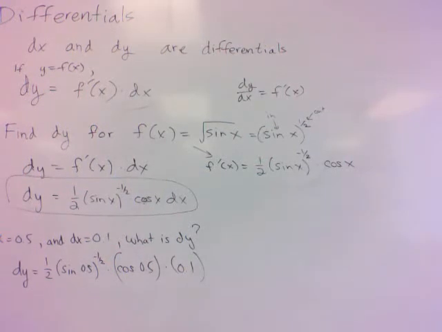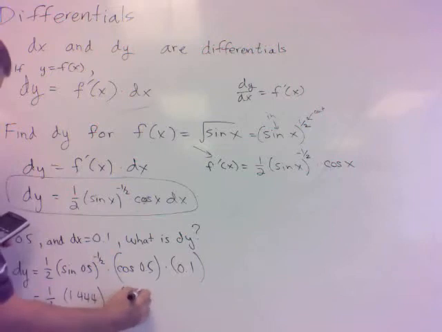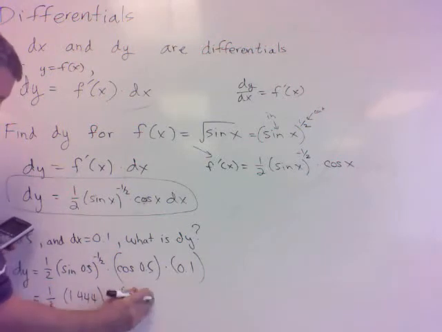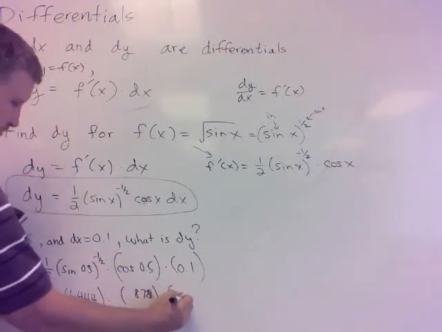Let's see. This will be 1/2. Well, that's a fun one. All right, so sine of 0.5 to the negative 1/2. Why did I make my function so complicated? This turns out to be, I get 1.4444. Cosine of 0.5, 0.878, then times 0.1.